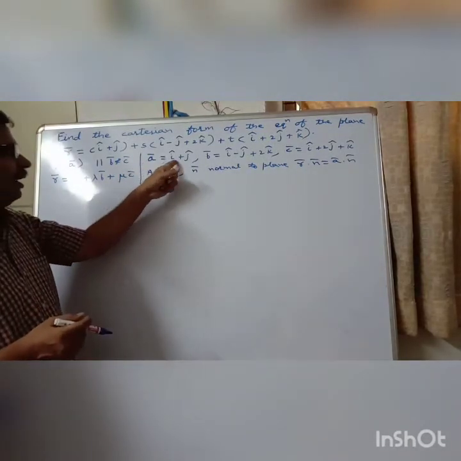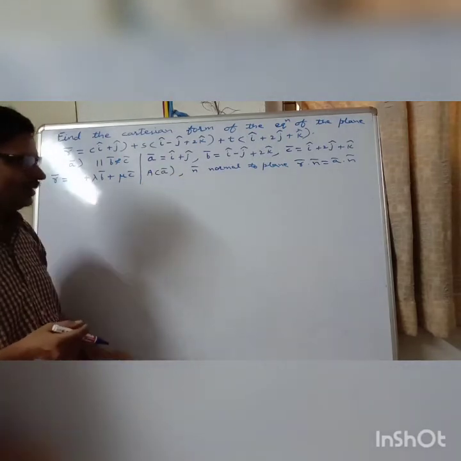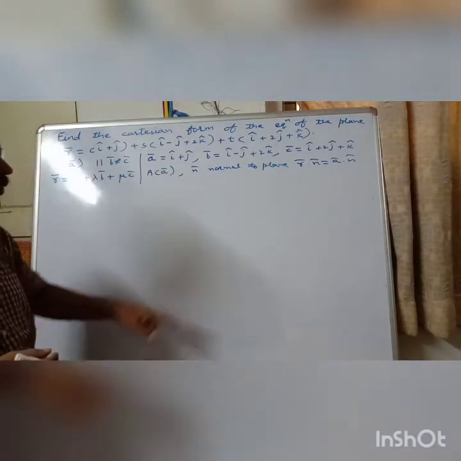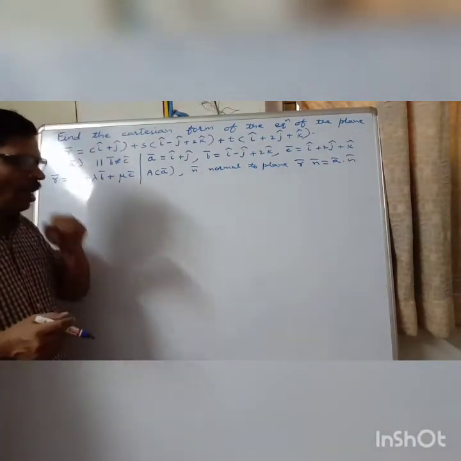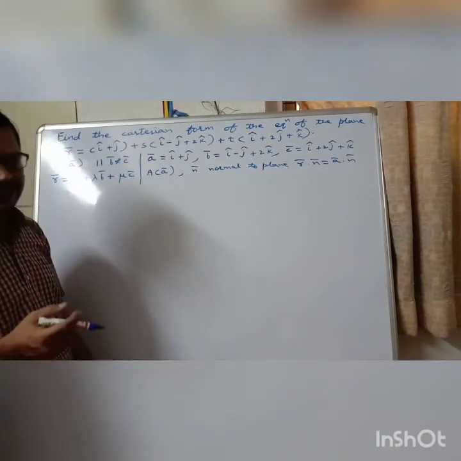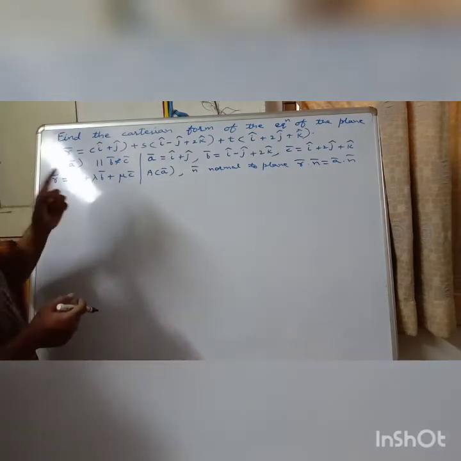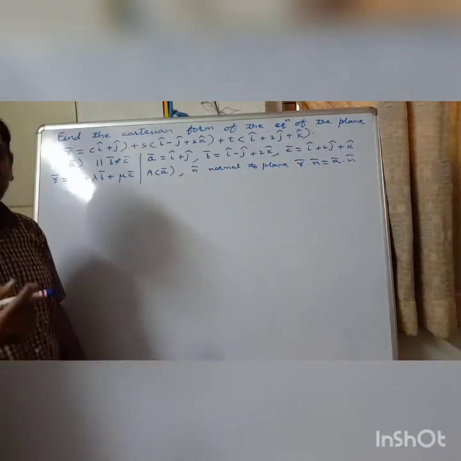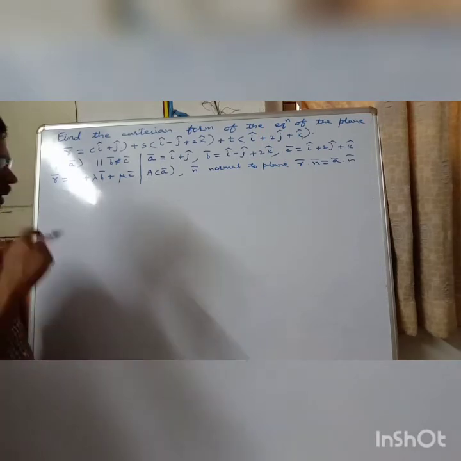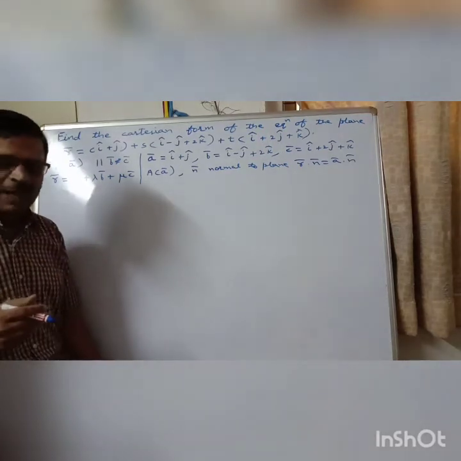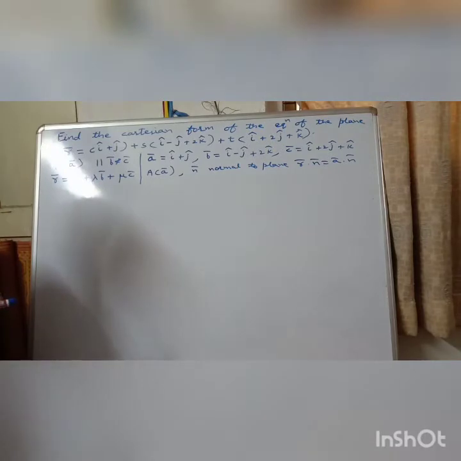So here A bar is already known to us, but we want n bar, vector perpendicular normal to the plane. Here B bar and C bar, they are parallel to the plane, then their cross product B bar cross C bar, it is perpendicular to the plane.